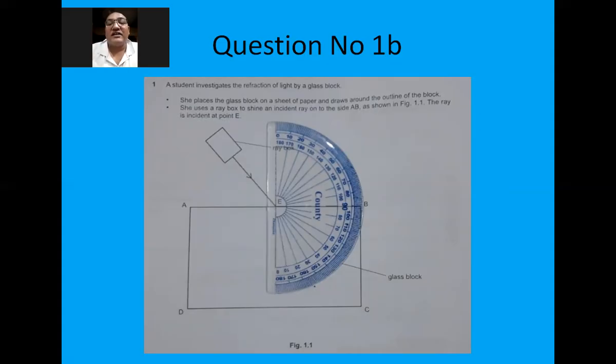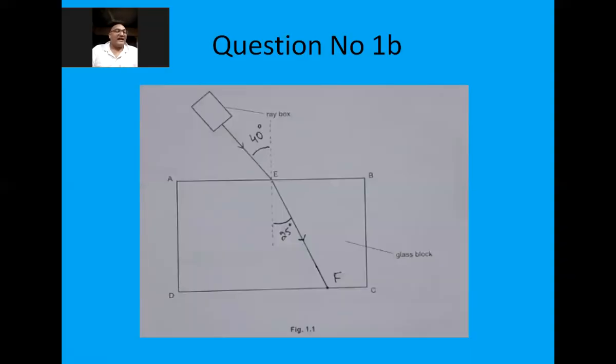Then I will join that line. You can see I have joined the point E with the mark of 25 degrees. I joined it till it cuts the face CD, and I will name that point F. So this angle is 25 and this angle is 40. This is how you do question number 1, part B.